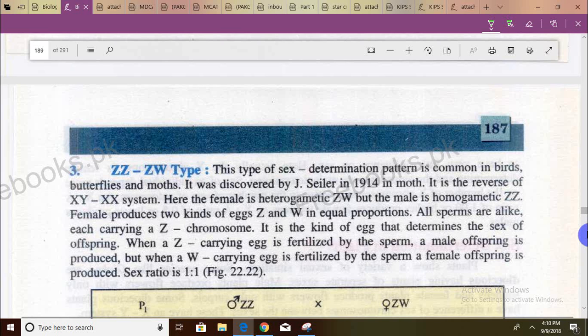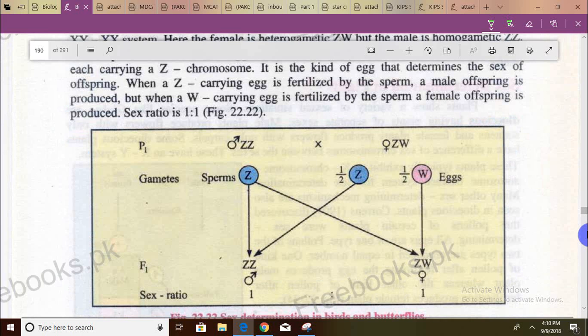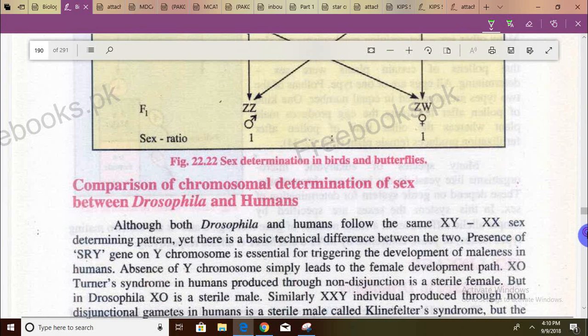The female produces two kinds of eggs, one containing Z and the other containing W in equal proportion. All the sperms are alike, each carrying a Z chromosome. It is the kind of egg that determines the sex of the offspring. When a Z-carrying egg is fertilized by the sperm, a male offspring is produced. But when a W-carrying egg is fertilized, a female offspring is produced. And the sex ratio is still 1:1, so that is a commonality between all of the different types of ways of sex determination.